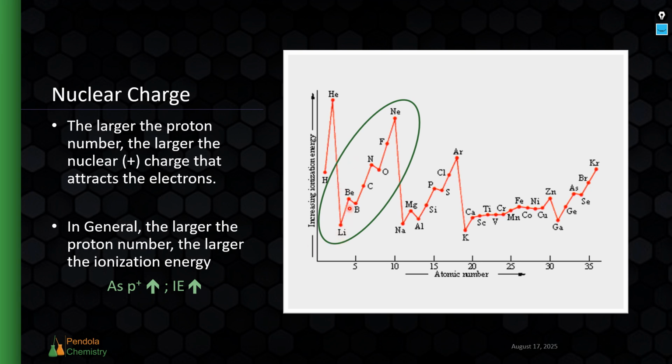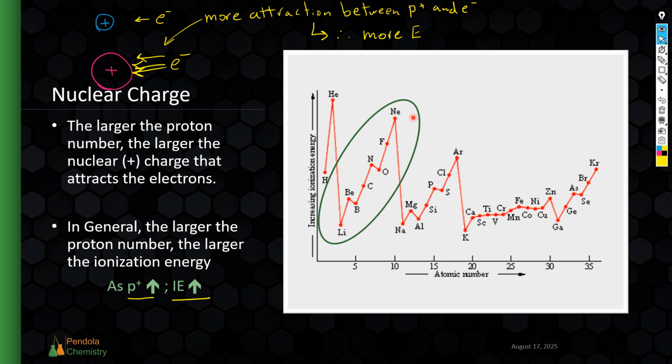Lithium has 3 protons, beryllium has 4, 5, 6, 7, 8, 9, 10. And so in general, that ionization energy increases because there's more attraction. Now again, this is not the only factor that is to be considered here, which is why we have those decreases, and we'll talk about them later. But in general, it increases because of the number of protons.